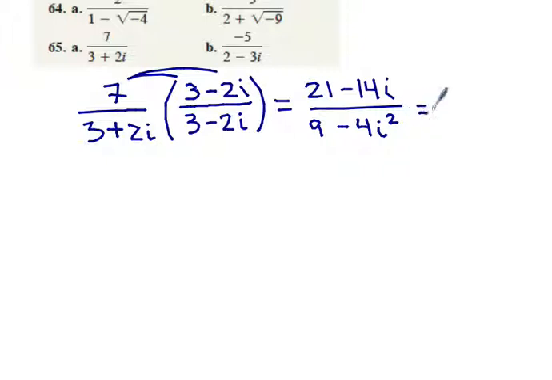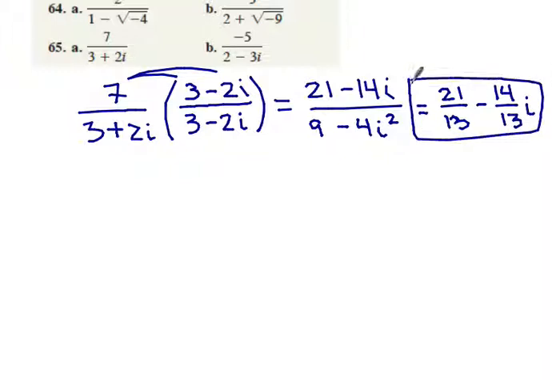So this simplifies out as 21 over 13 minus 14 over 13i. And now we're in our form a plus bi, and we're simplified. So hopefully this stuff will help us out, and that's the imaginary numbers.